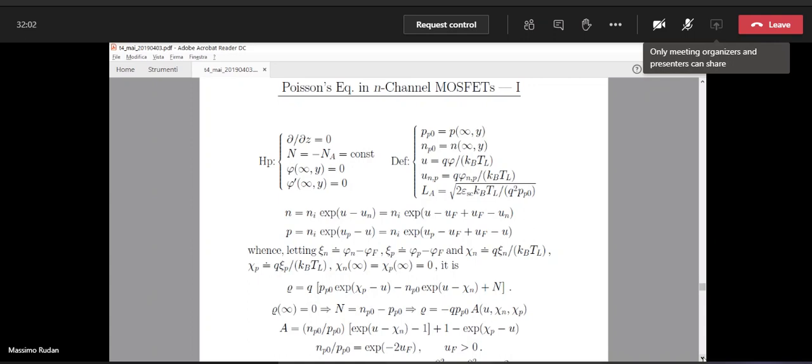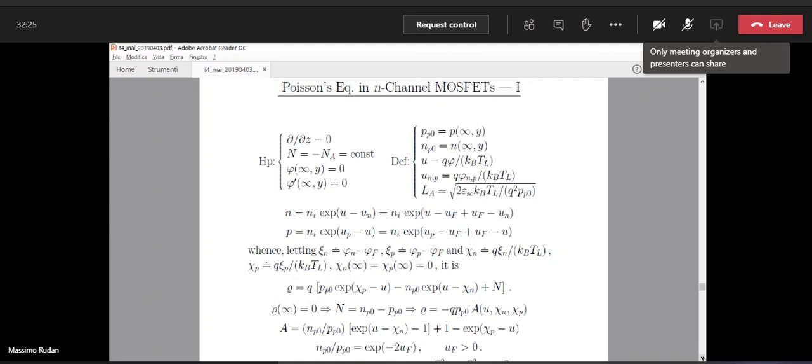We introduce, as we did already, the normalized electric potential, q phi over kT, we call it u. But now, since in the MOS transistor we are in a non-equilibrium condition, we cannot use the Fermi level anymore.